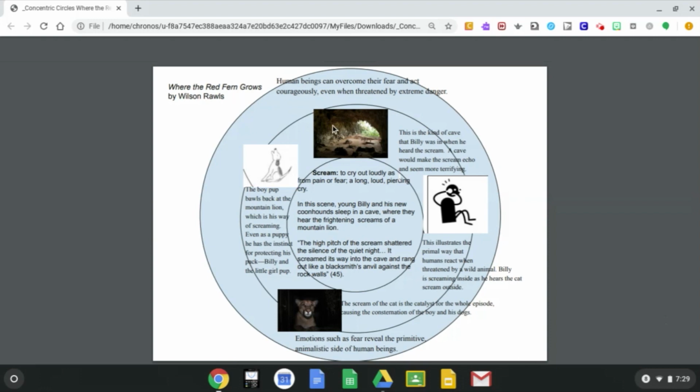I like to remind my students that thematic statements are universal statements. They're not going to refer directly to the text that you just read, so that you could take those statements and put them with other works that were similar. They could fit with other things, so you can't be specific to the text when you're writing these thematic statements.